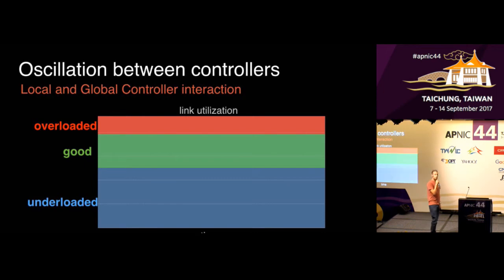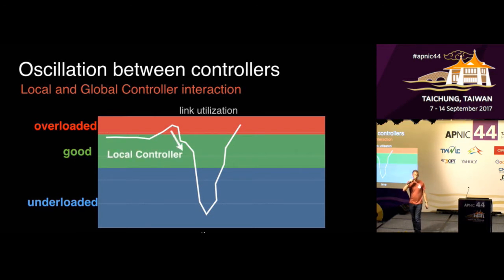Then another problem we started to encounter once we had this up and running in our platform is oscillations. And that's an interesting phenomenon. We had local controllers on each POP, but we also had the global controllers I talked about at the beginning that sent traffic to the POP that was closest in the first place. So what happened here is we had the link being full, the local controller reacts really quickly, it's local, diverts some of that traffic to another link on the same box, all is good. But the global controller saw that same thing happening, but is slower to react and diverts traffic to another POP.